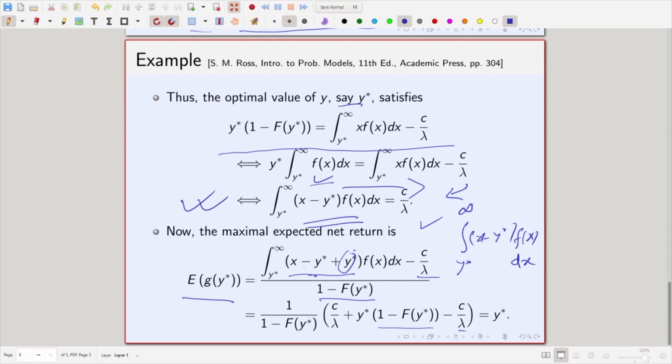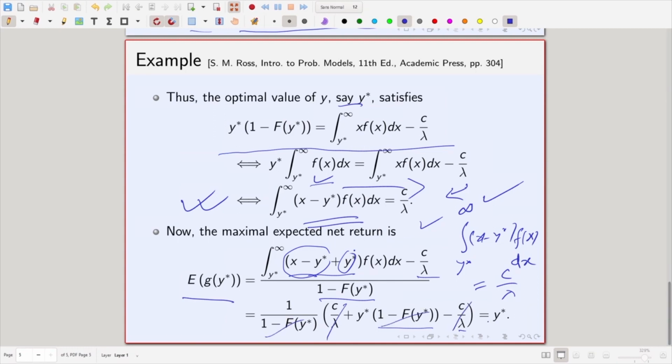So, the advantage of writing it in this way, with this x minus y star plus y star, is that in the first term I am getting that this is equal to c over lambda using this fact, and that is because this y star is the optimal value of y and it satisfies this relation. Fine. So, we get this. Now, you can easily check that this and this get cancelled, this and this get cancelled, and you end up with y star.